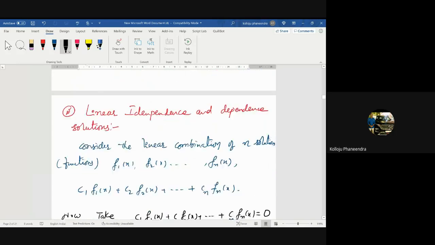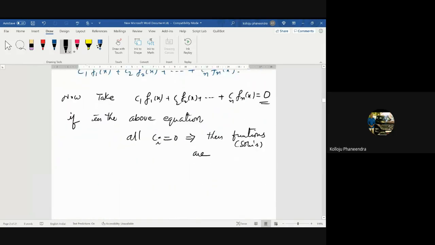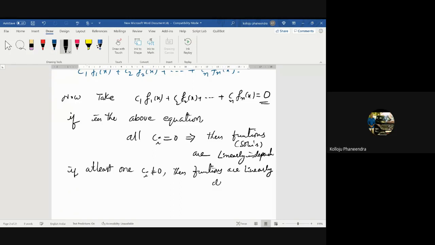Here also, same thing: all Ci equal to 0, then the functions are linearly independent. If at least one Ci is not equal to 0, then the functions are linearly dependent.